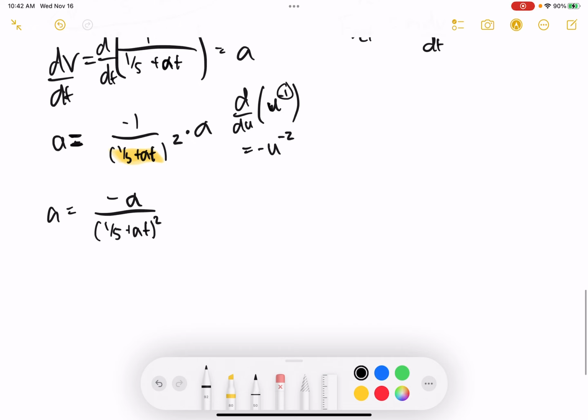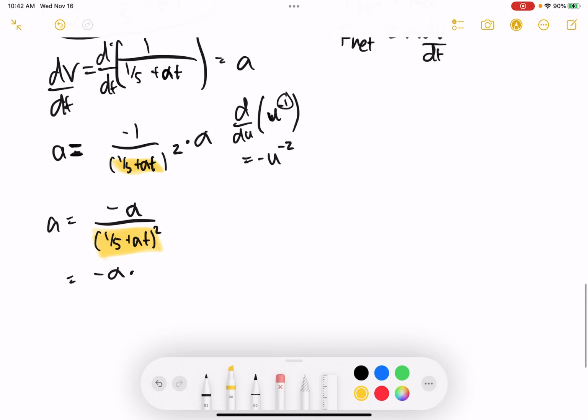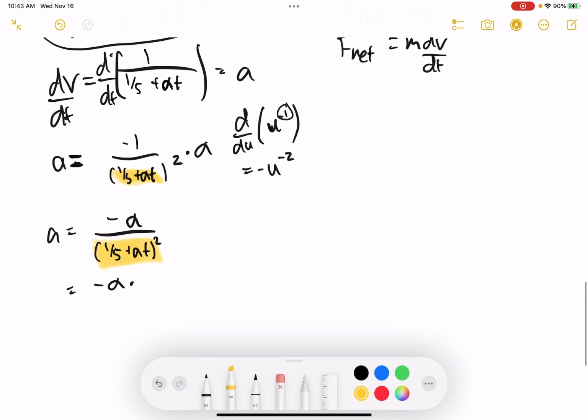So this stuff right here is my 1 over v, but it's on the bottom, so this would just be v squared. My acceleration is equal to negative alpha times v squared.